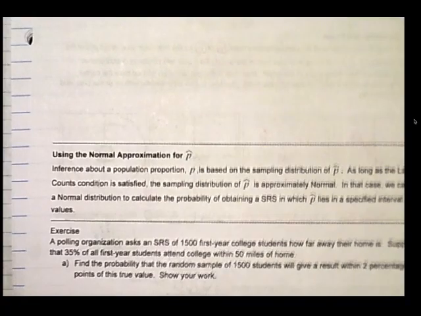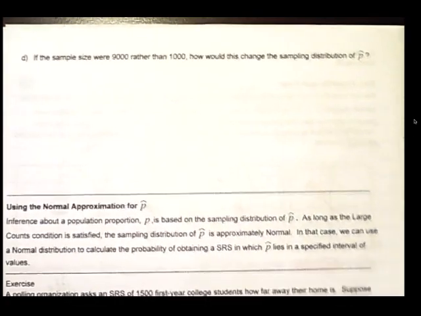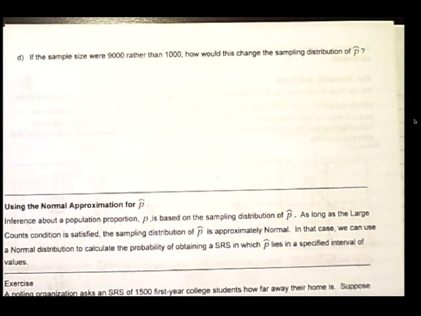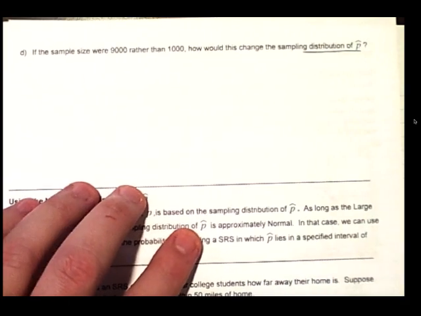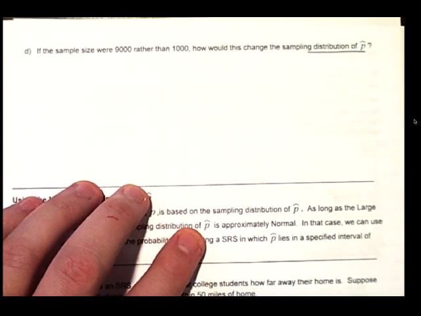Now let's look at the next part of this question. It says, if the sample size were 9,000 rather than 1,000, how would this change the sampling distribution of p hat?